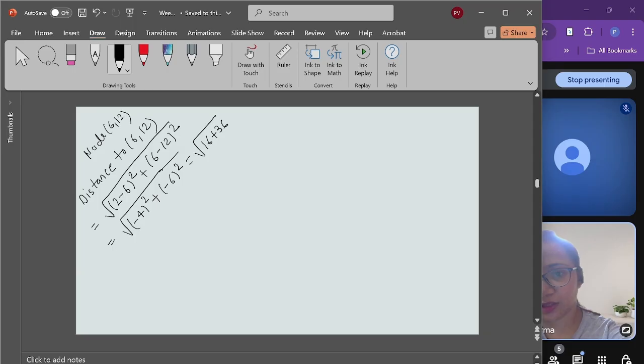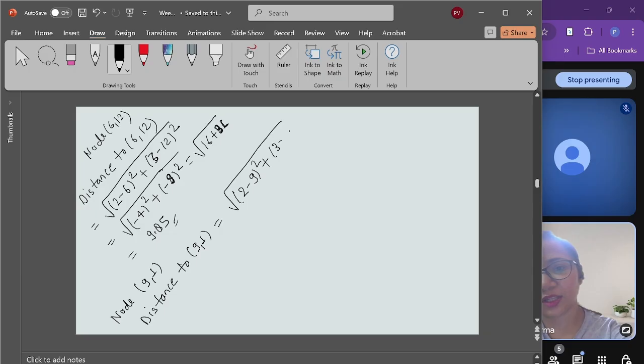Now similarly, we have to calculate for node 9, 1. So the distance to the point 9, 1. Here it is (2 minus 9) square plus, what will it be, 3. Sorry, it is 3. So here we will get 9 and here you will get 81.